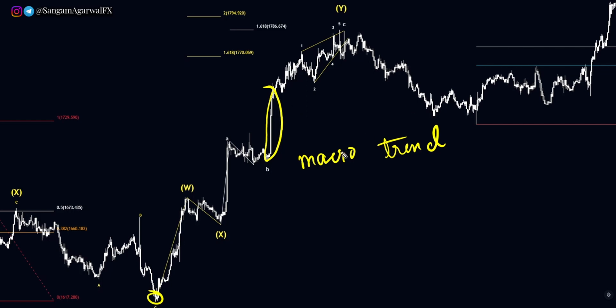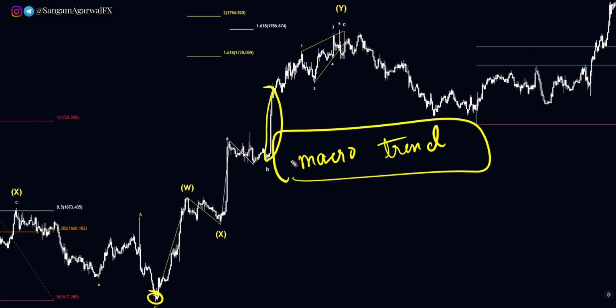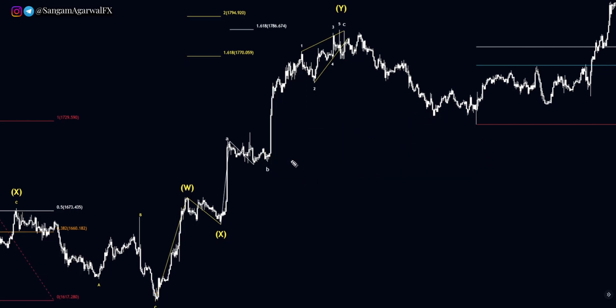So based on the macro trend, everything was crystal clear and confirmed that it would not drop for the next one week. So the extended wave was confirmed by news. Then we use the fib extension tool. Compared to wave A, the wave C target was 1786, the 1.618 projection, and that was the top.